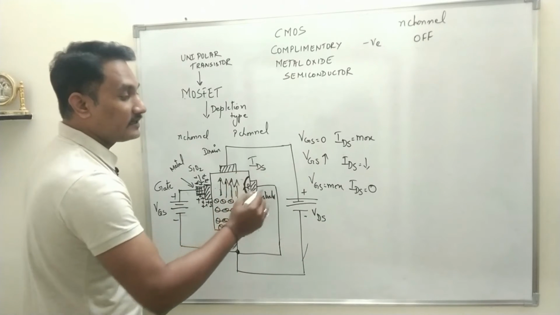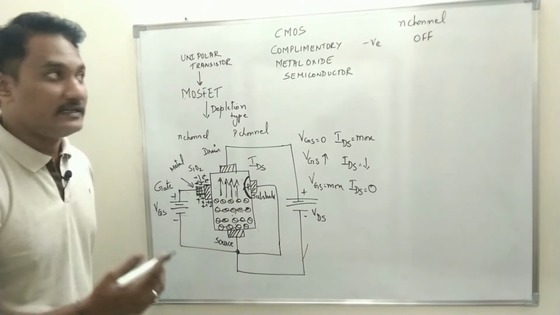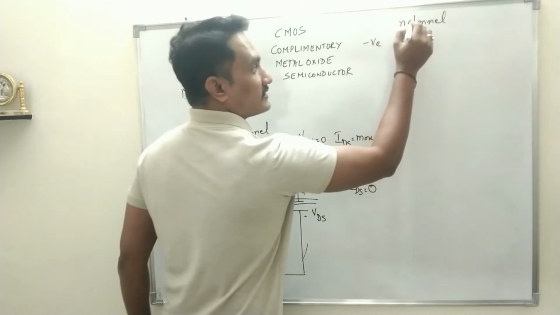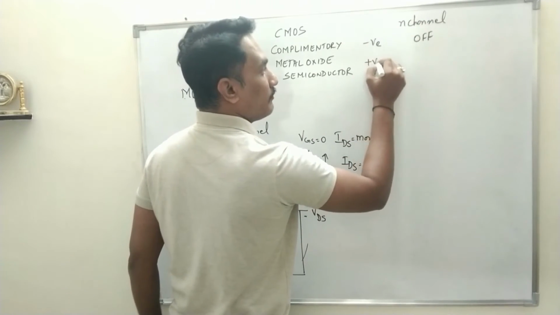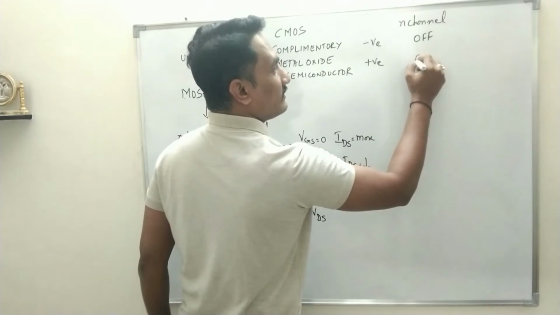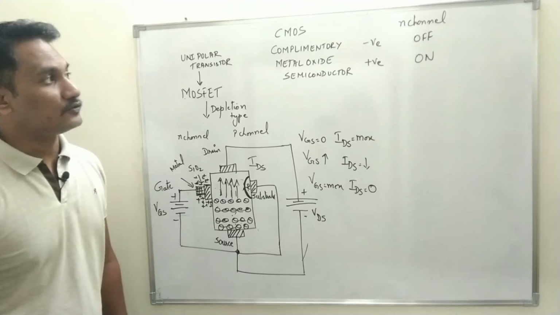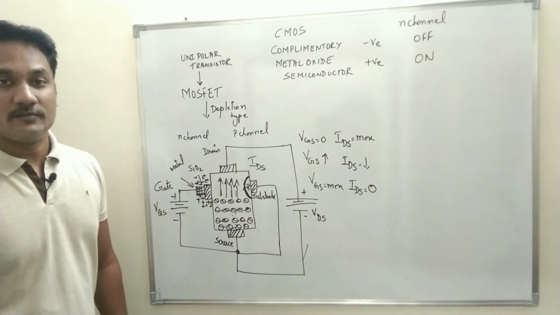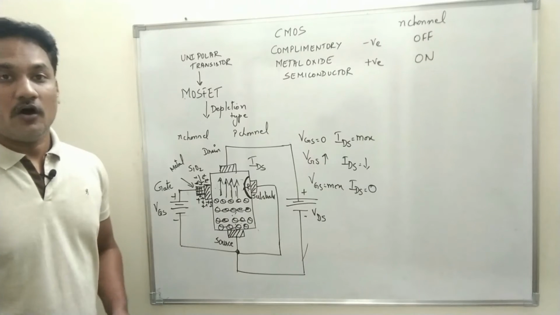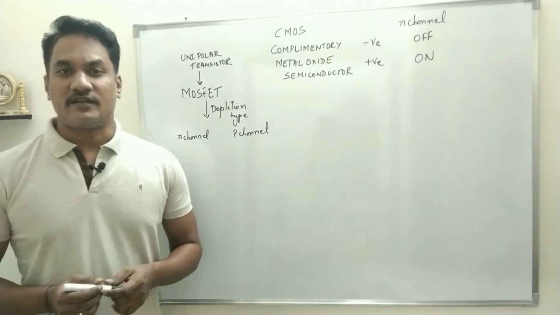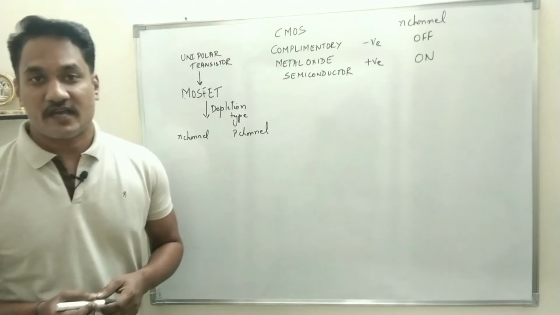That means current increases, IDS will increase. That means for the same N channel, if you apply a positive terminal, then heavy current will flow through the transistor, and the transistor will be said to be working in on state.